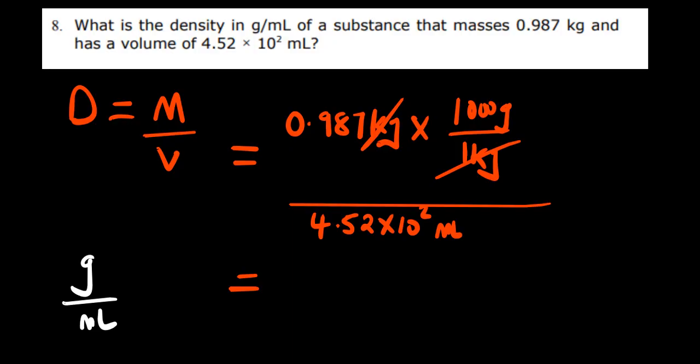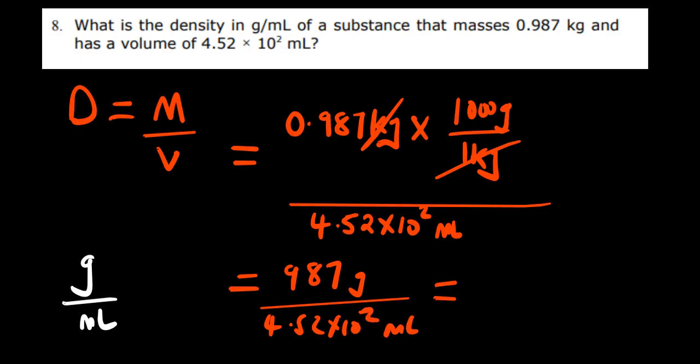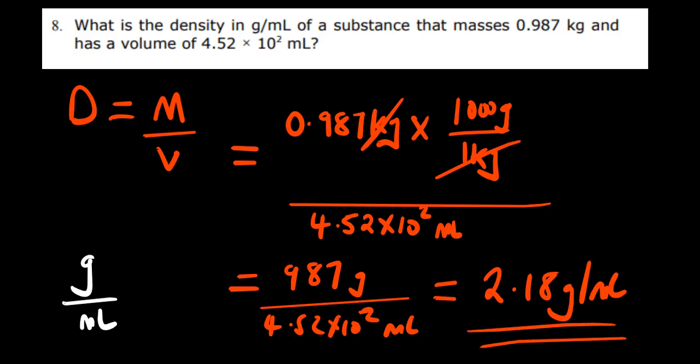So I'm just going to have 987 grams on top divided by 4.52 times 10 to the power 2 mL. Now that our units are in the right measurement that they want, we're just going to divide. And when we divide, I'm finding 2.18 grams per mL. So this will be our answer.